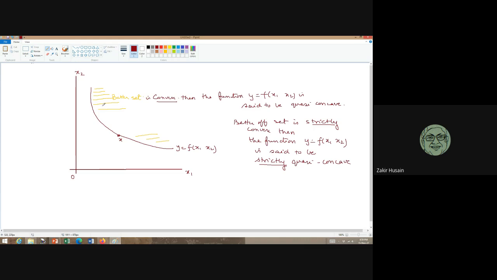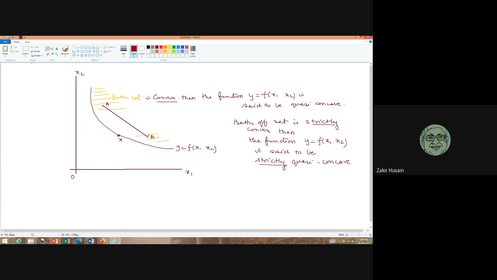See over here, if you take two points and you connect them, will all the points on the connecting line lie within the better set? Yes, sir. They will lie in the better portion only. So tell me, is this set convex or concave?